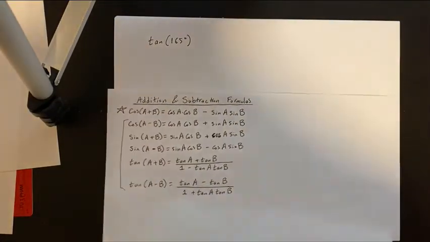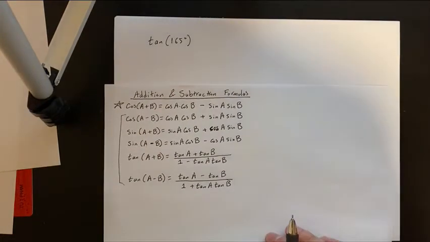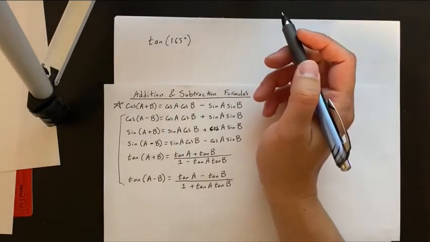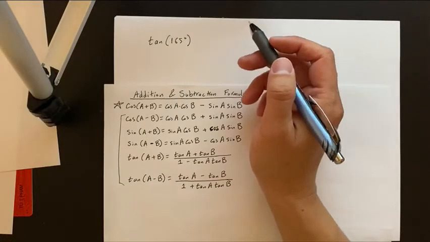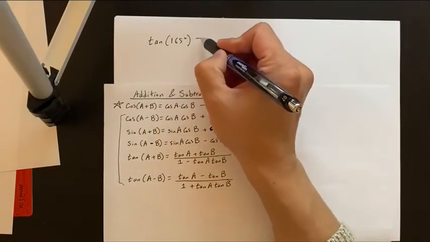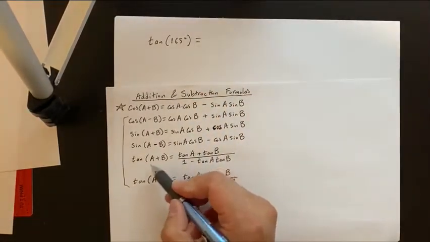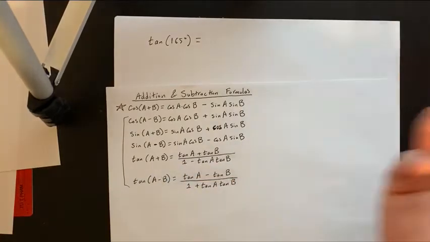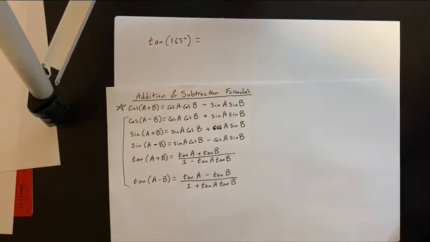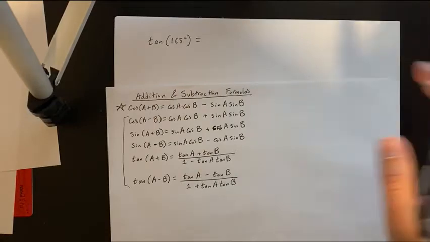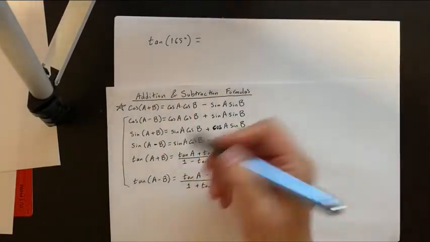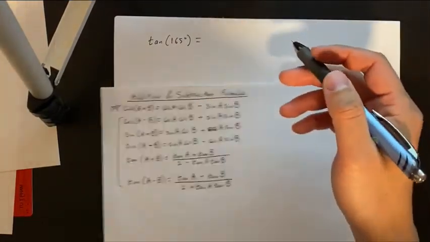So I'll let you look at this for a little bit and try to think for yourself if you can come up with two nice angles, either as the sum or the difference. And you can either do the sum or difference. So I can come up with both.